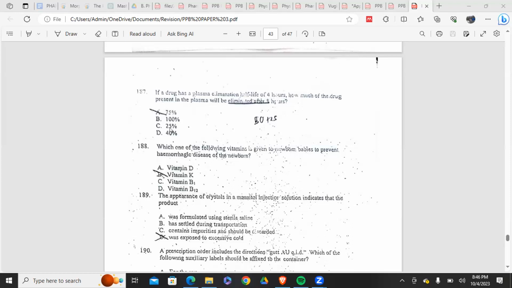I get 40%. If a drug has a half-life of 4 hours, at least we know for sure that by 4 hours, 50% of the drug has been metabolized.